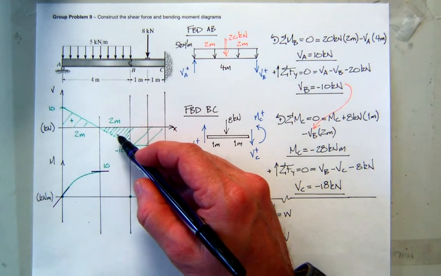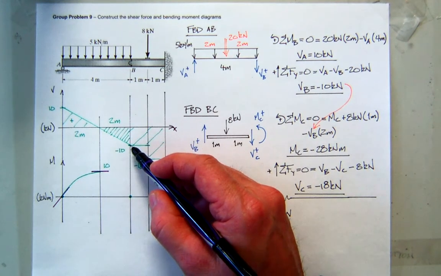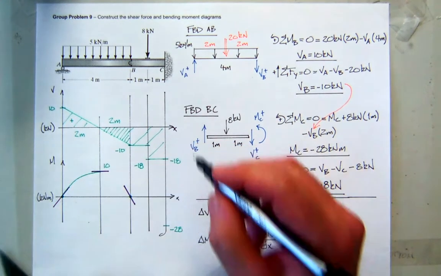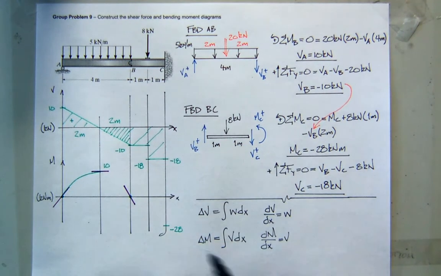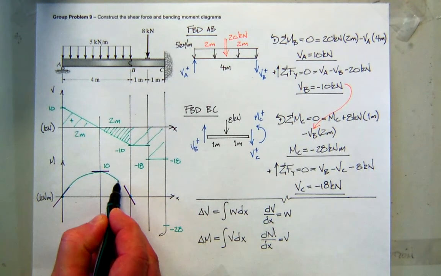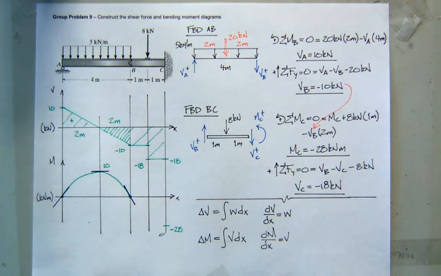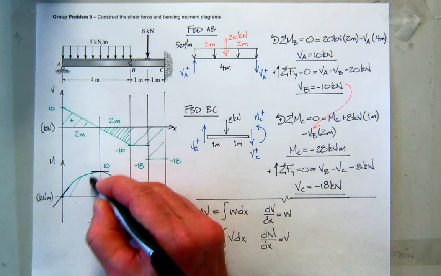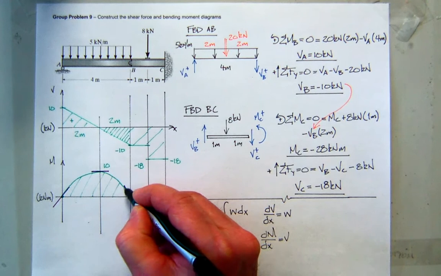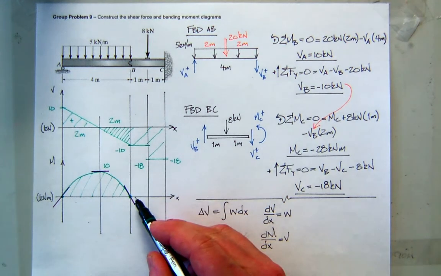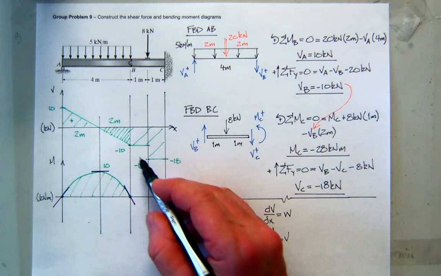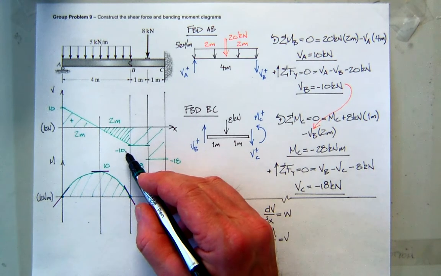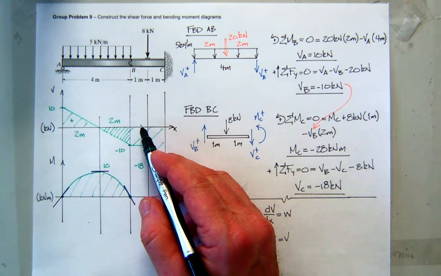It increases negatively to a value of negative 10. So connect those dots and you get a nice parabolic curve. Now, over the next 1 meter, the change in moment is the area of this part of the shear diagram. What's that? It's minus 10 for the height and 1, so that's an additional minus 10.